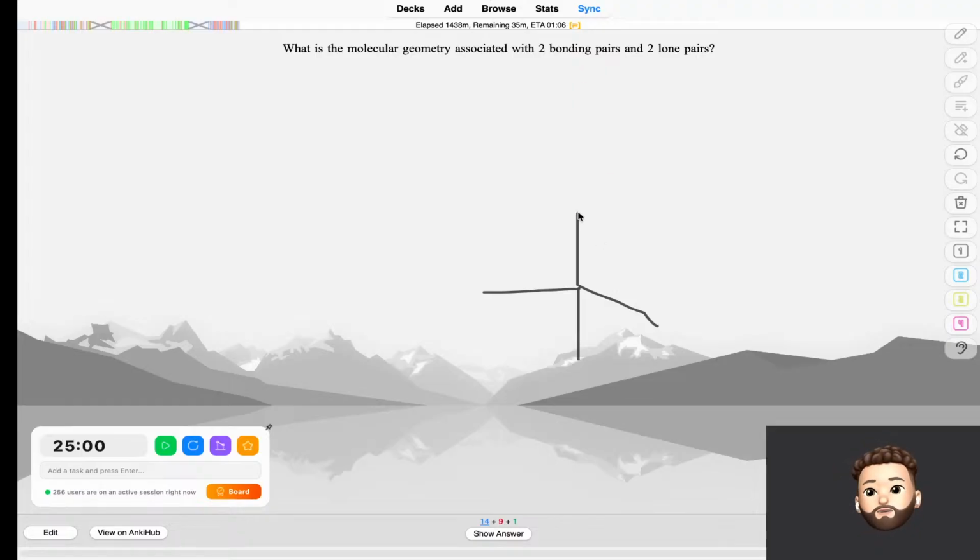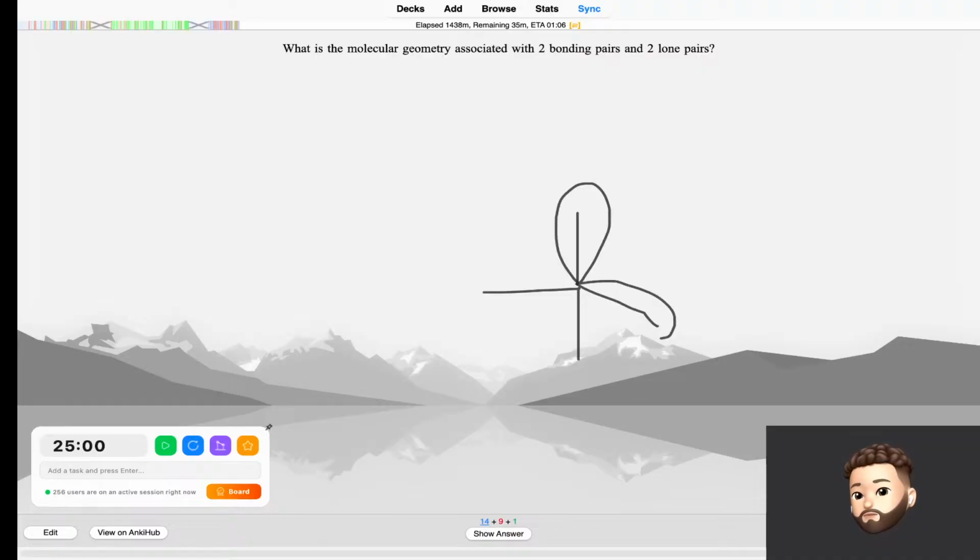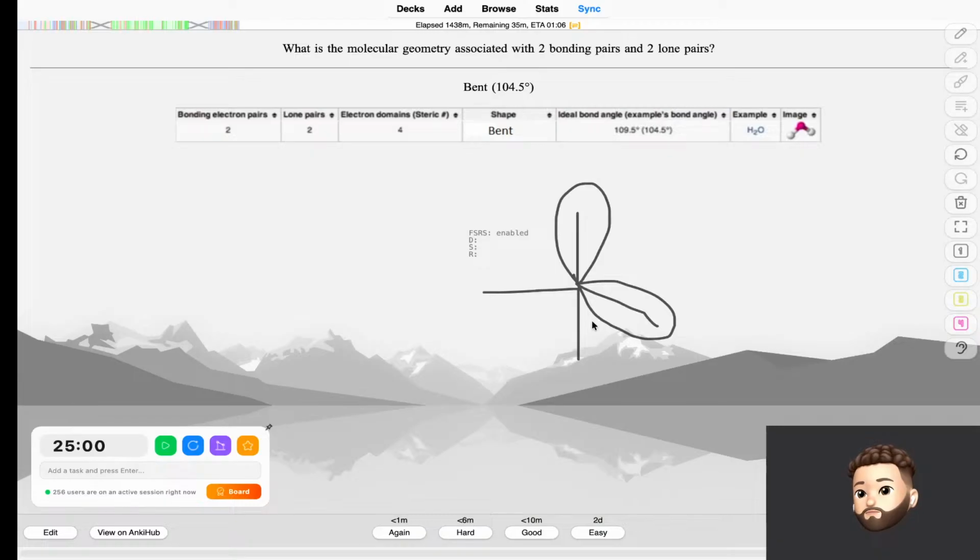So instead, if we have two bonding pairs and two lone pairs, and these get turned into lone pairs, you only have two bonding pairs remaining, so this has to be bent, right? Yeah. Bent, 104.5. Okay.